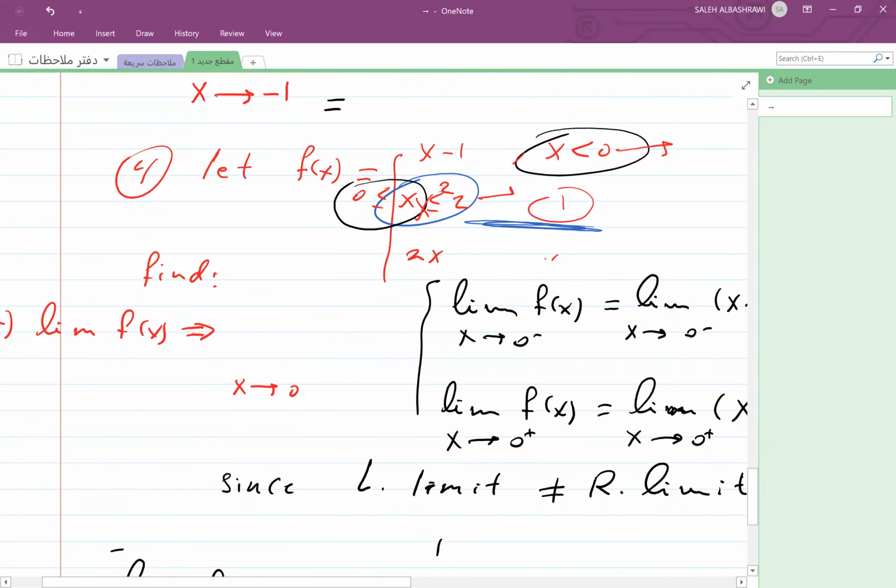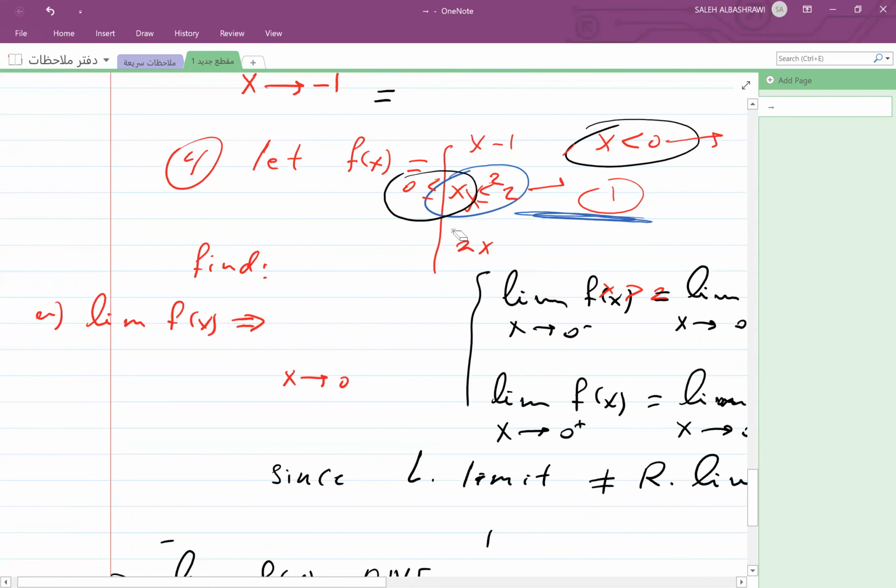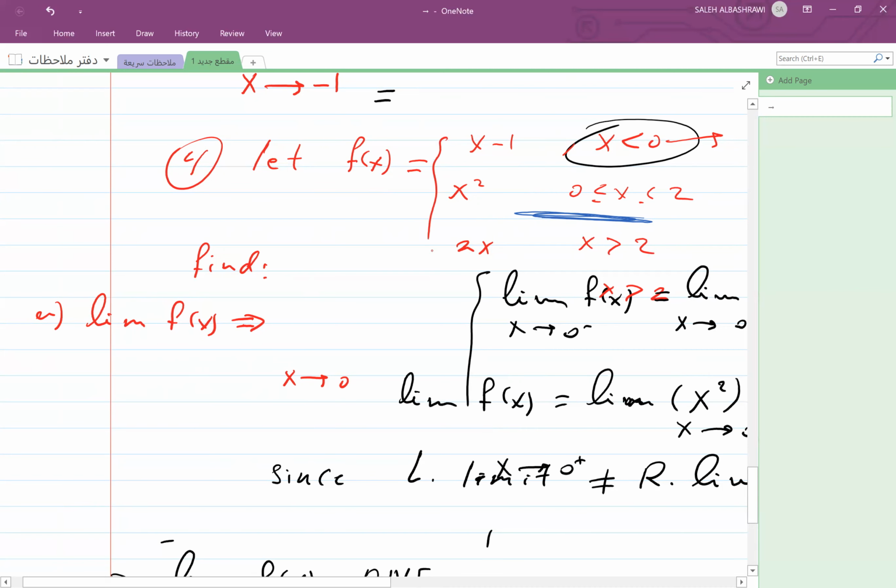This is x less than 2, and it is 2x. I need to rewrite this again. This was x squared, 0 less than x less than 2, and 2x when x is greater than 2. This was my function.